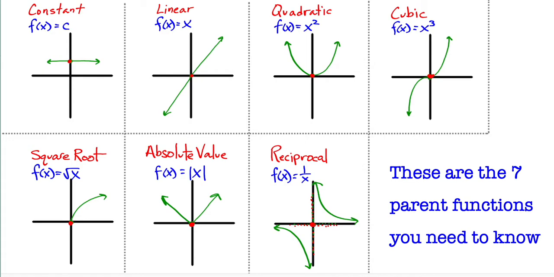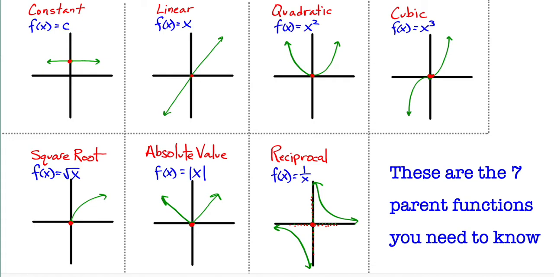The one thing you should notice about all these equations is that none of them have numbers being added or subtracted. They're all basically just a single x and then something on it. So whether, like linear is x to the first power, you don't write the 1. Quadratic x to the second, cubic x to the third.